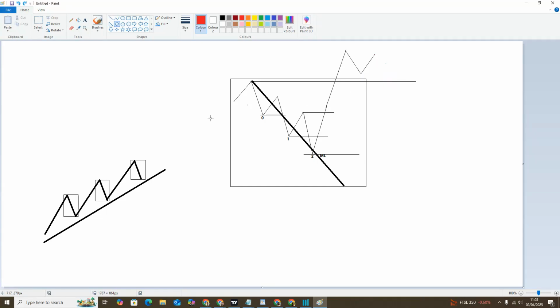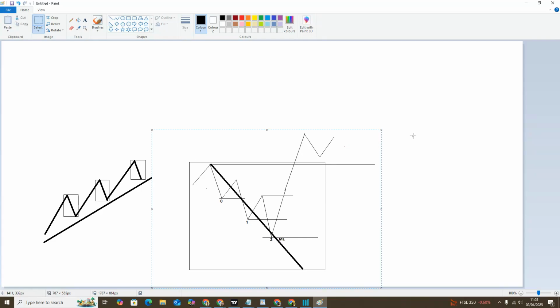Sometimes the conviction of the buyers that are moving this trend up is very strong. And if that is the case, you can still buy from here, or if you've just seen this and you said to yourself, I don't want to buy this, I'm going to wait for the manipulation.